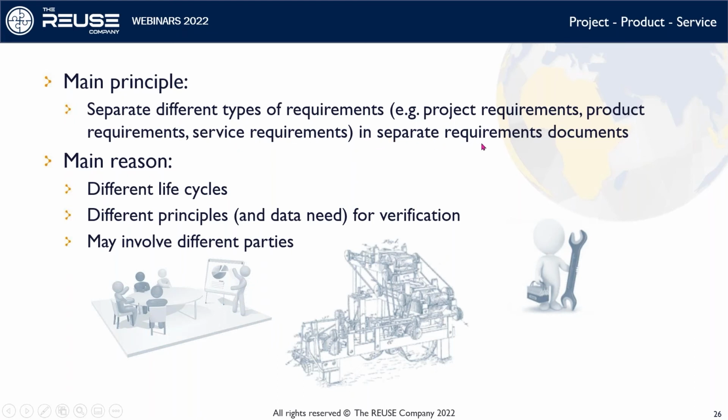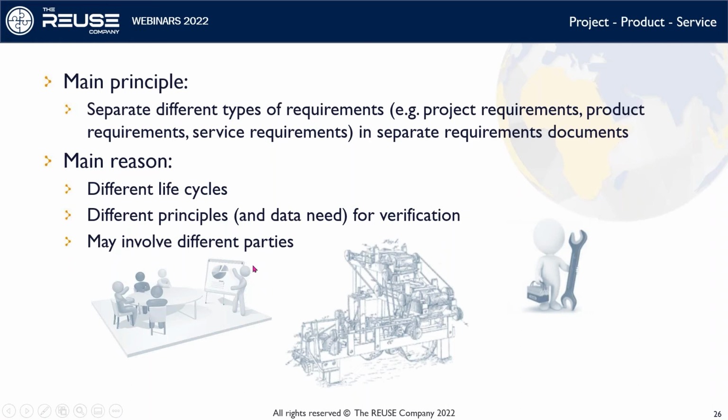These should be separated in different requirement documents for the simple reason that they follow different life cycles, different principles, and need of data for verification. You should verify all requirements, but how to verify a service requirement or a functional system requirement is pretty different, and it calls for different sets of data to handle the information related to verification.